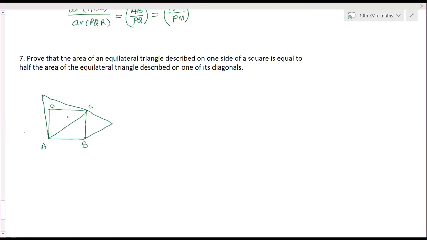If ABCD is a square, then BEC we take, and ACF as another triangle. These two are equilateral triangles. Therefore, triangle BCE and triangle AFC are equilateral triangles.